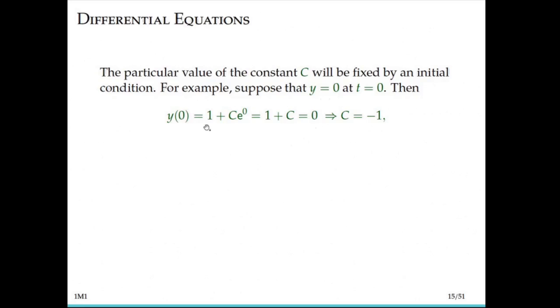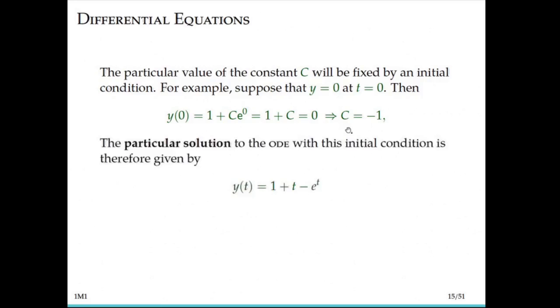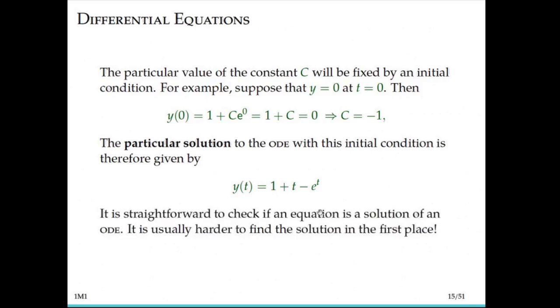And if we plug in t equals 0 and y equals 0 to the general solution, we get that c equals -1, and that gives us a particular solution of the ODE. The particular solution that satisfies the differential equation and also the initial condition. And in this case, it would be c equal -1. That c is the constant in front of the exponential. And so the particular solution would be 1 plus t minus e to the t.